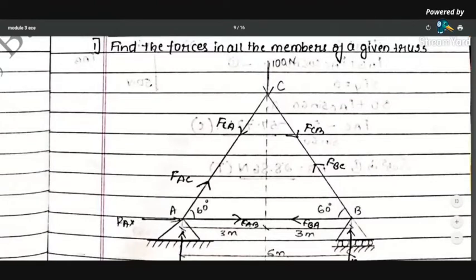It carries an external load of 100 Newton at point C. The distance between A and B is given as 6 meters, 3 and 3 meters, and the angle is given as 60 degrees.